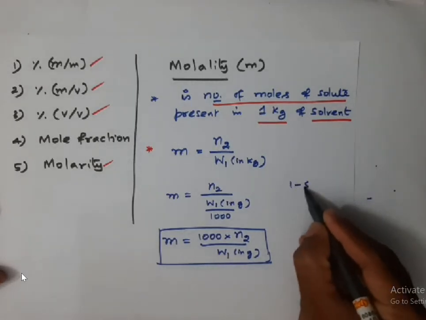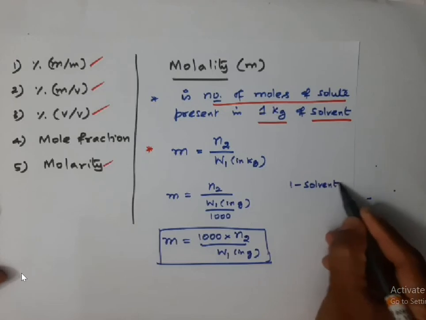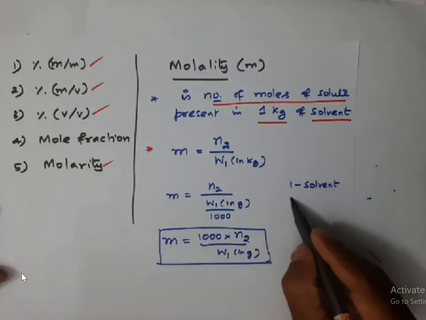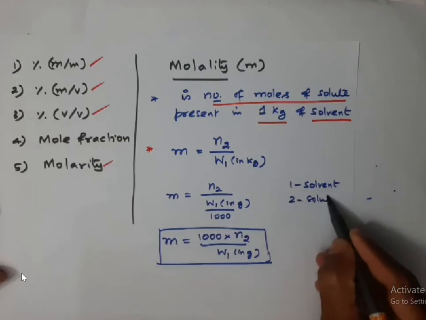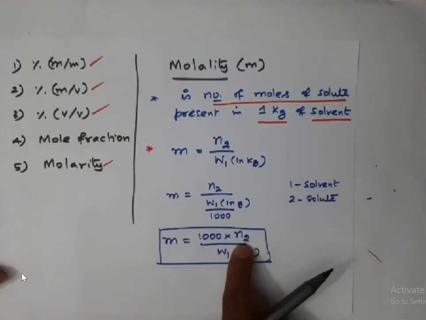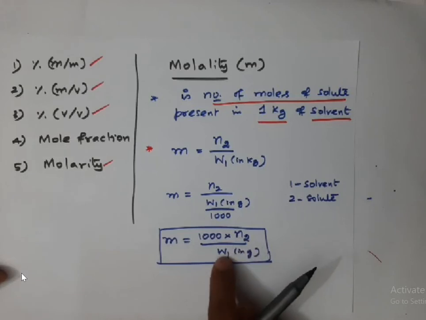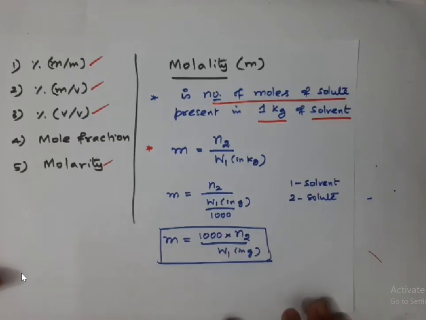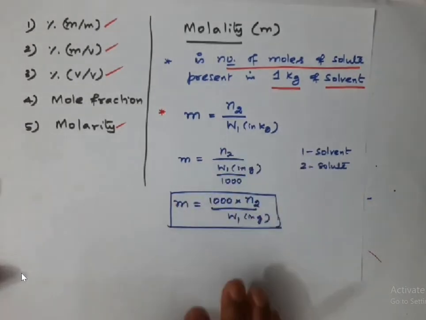Remember, last class I told you, in solution chemistry this is the convention we follow: 1 means solvent and 2 represents solute. So N2 means number of moles of solute, and W1 means mass of solvent in gram here. This is the definition for molality.